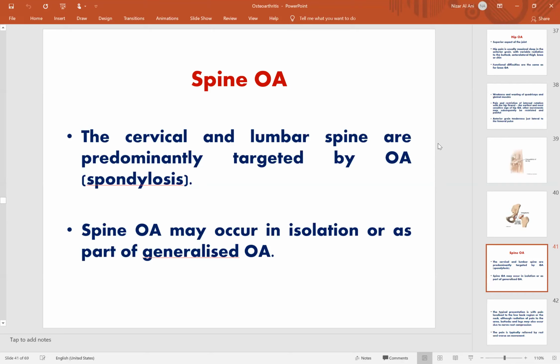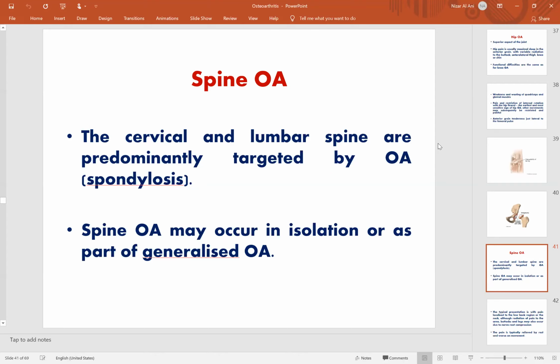Spine osteoarthritis is another common site involved by degenerative disease. Two parts of the spine are affected by osteoarthritis, the cervical spine and the lumbar spine. The osteoarthritis, or the degenerative process of the spine, we call spondylosis.